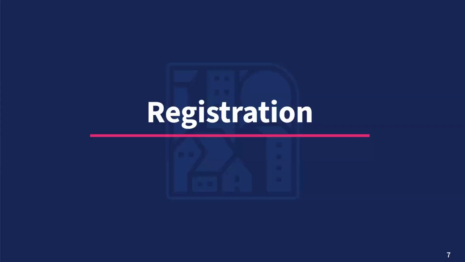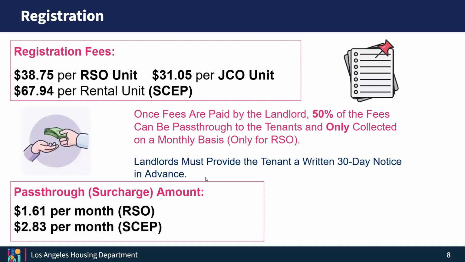Slide six. Registration. Currently the registration fees are $38.75 per RSO unit and $31.05 per JCO unit. The SCEP fee is $67.94 per rental unit.